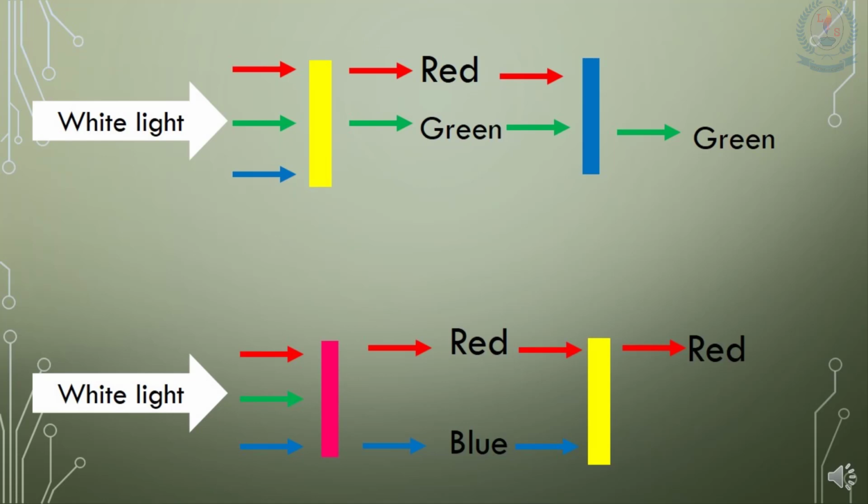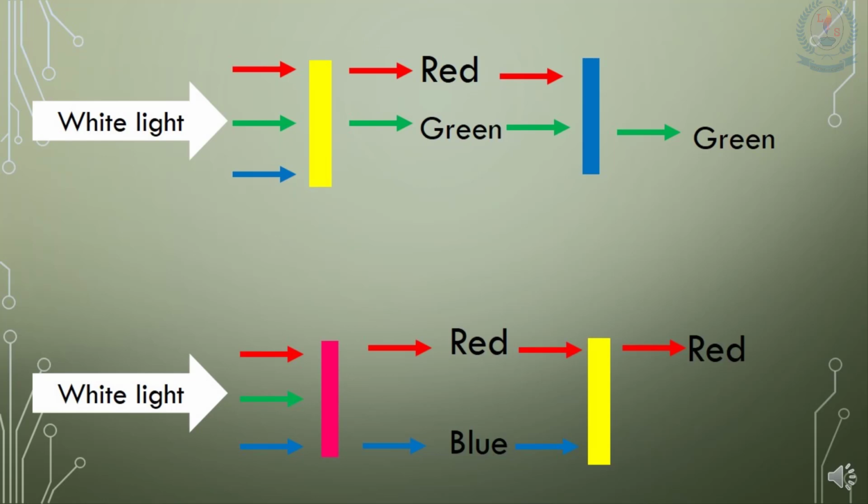So children, actually only green color will pass through this cyan light filter, because when we take together blue and green primary colors only, we will get cyan color.